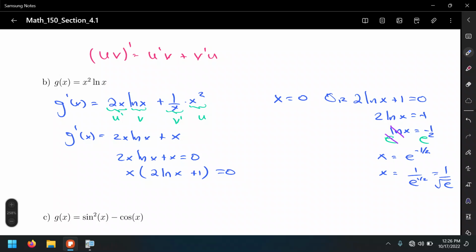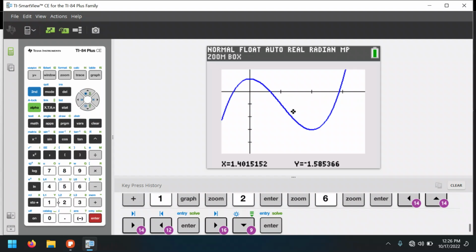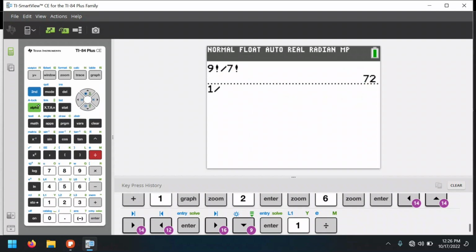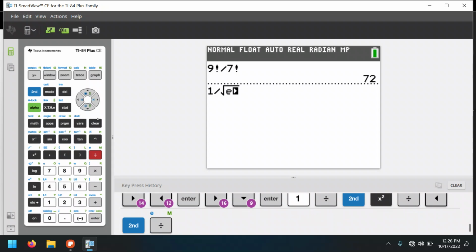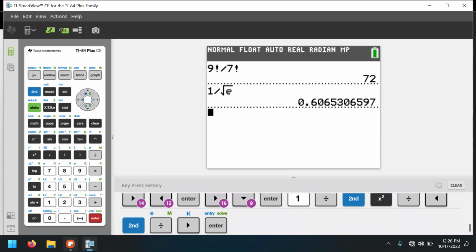Alright. Let me go back to the graphing calculator so we can visualize it. But first, I would like to get an approximation of this value using the calculator. So that's 1 divided by the square root of e. E is right here. So that's approximately 0.6065.